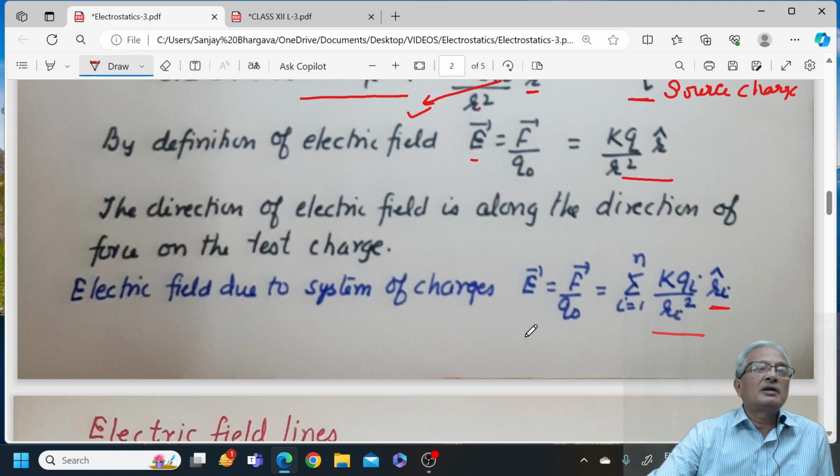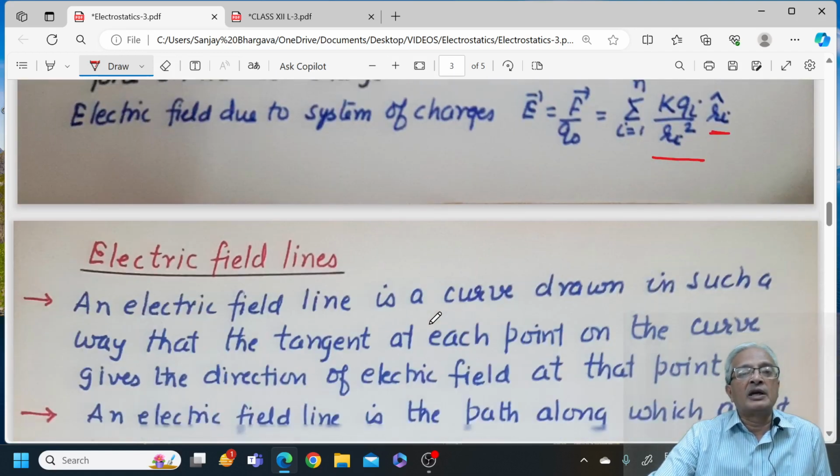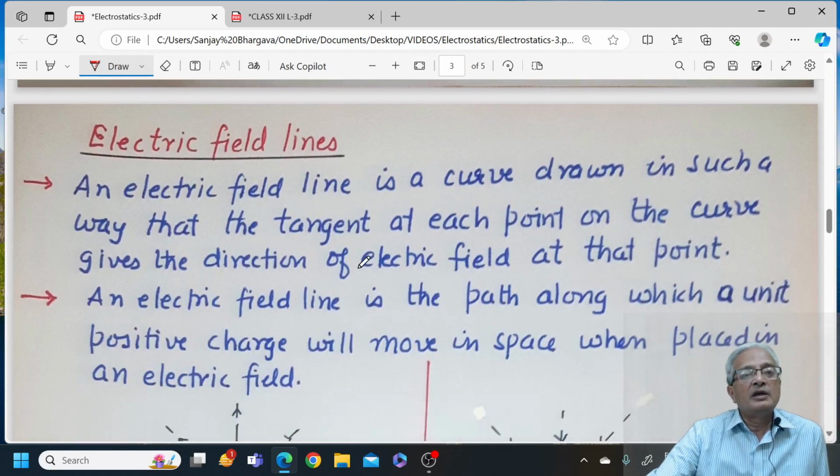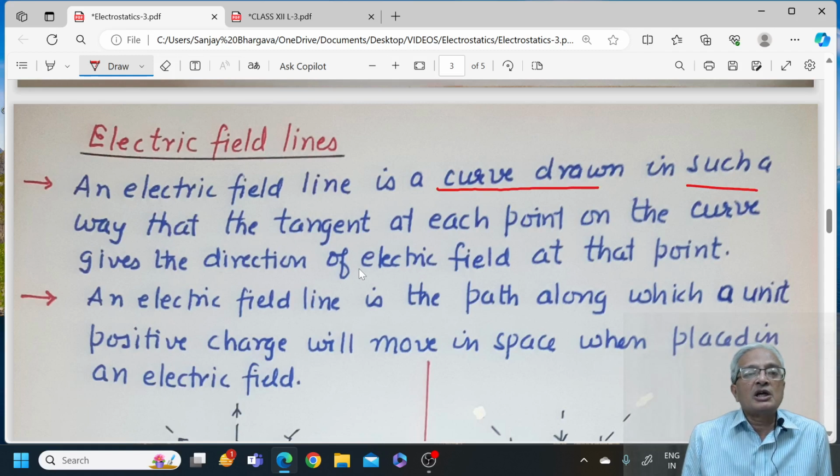Now electric field can also be defined graphically with the help of the concept of electric field lines. Now how do we define an electric field line? An electric field line is a curve drawn in such a way that the tangent at every point on the curve gives the direction of the electric field at that point.